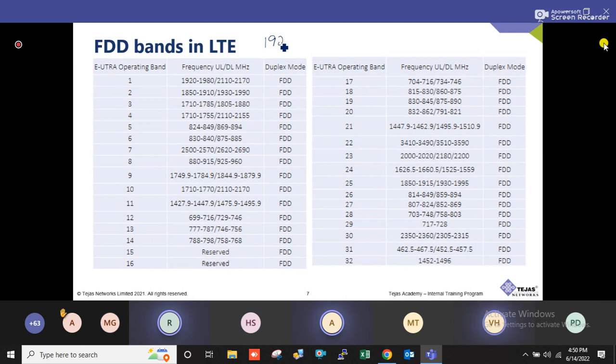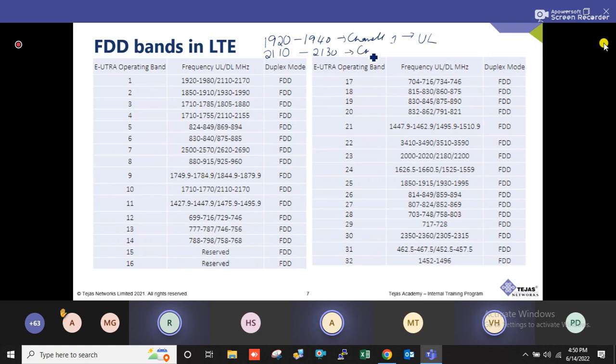Let's say BSNL gets from 1920 to 1940. This is channel number 1. In what direction is this? This is in the uplink direction, the lower frequency. Now BSNL will also get the downlink frequency between 2110 and 2130. It cannot get 2150 to 2170.